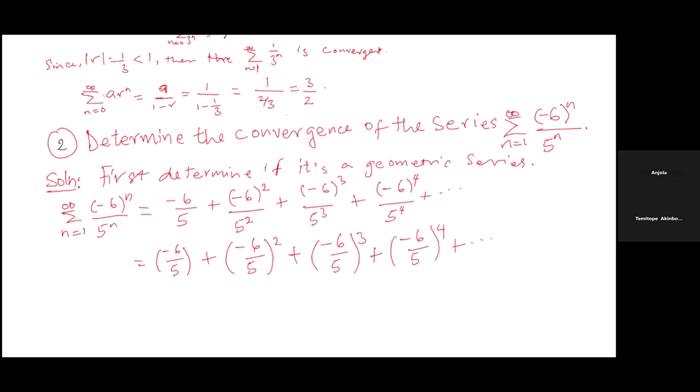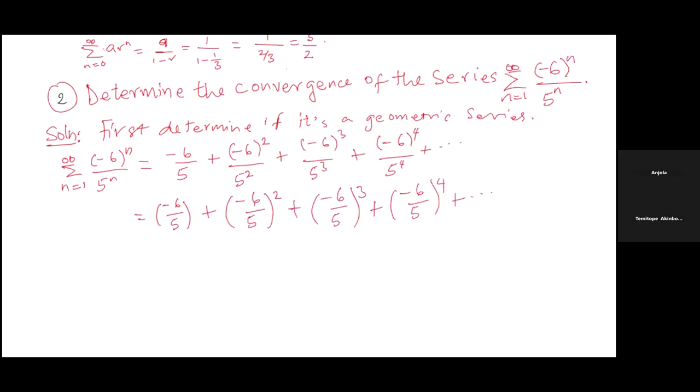What do we do next? I will now check if it is a GP. If it is a GP, there will be a common ratio. You may want to call these the first term, second term, third term, and fourth term.